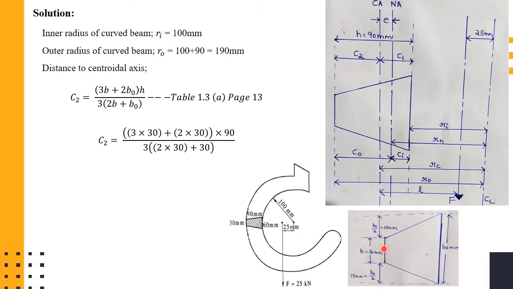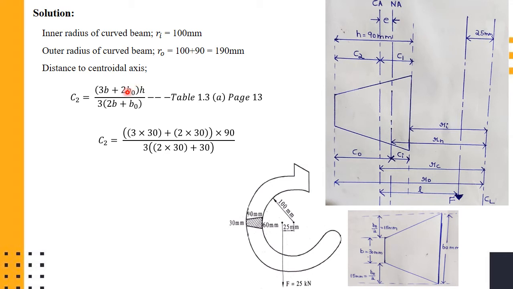If you see the smaller side, they have taken it as the term B. B is equal to 30 mm. And 60 usually is taken as B1. You can see in the previous figure, that is in table 10.1, you have seen the larger side is taken as B1.